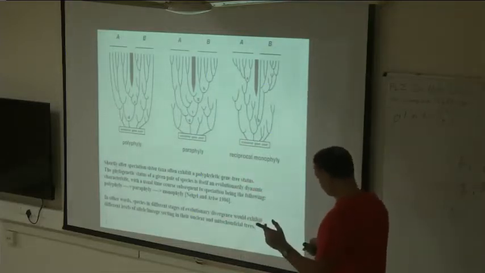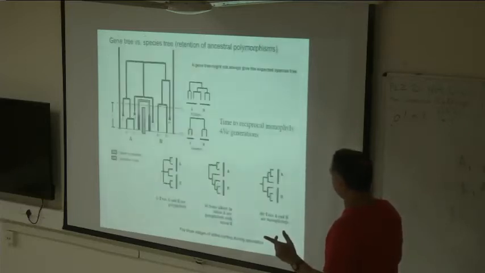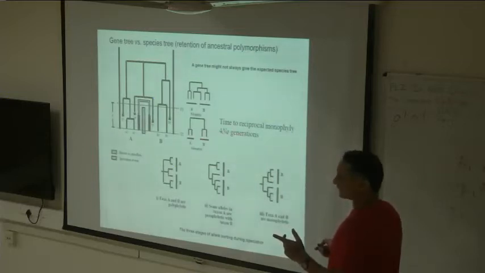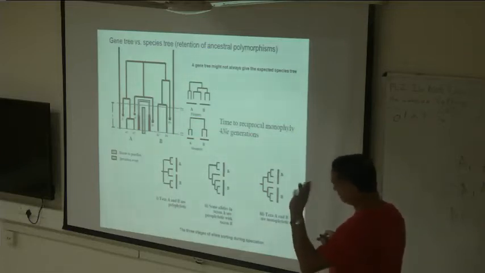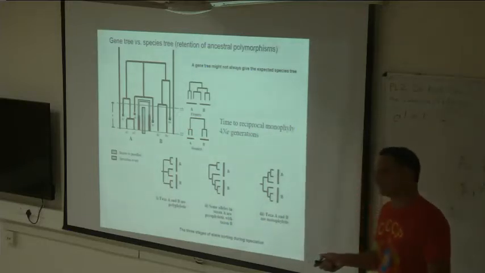Oh, but before that, let's look into the complication of monophyly. So any generations? Actually, it is 4 NE generations. That is the time taken for monophyly. And there's why it is 4 NE. There are some mathematical simulations that people have done and have shown that.